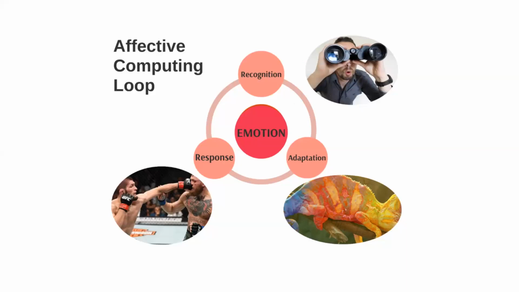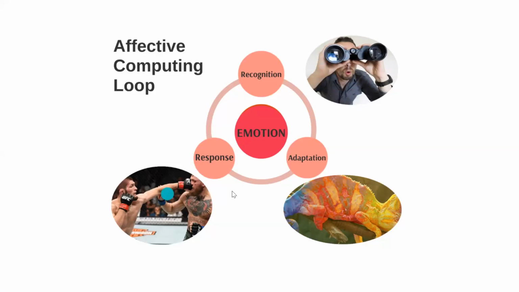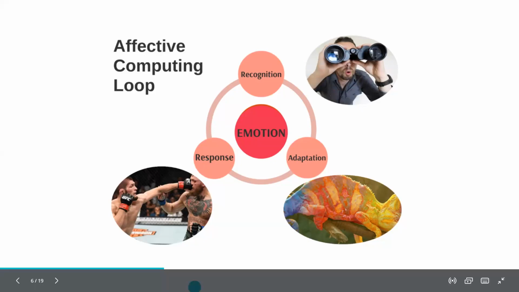So we use sensors or certain input systems to recognize this expression. And then we use certain algorithms to adapt to this. And once this emotion is understood and recognized, the system would try to respond with appropriate emotion. So that actually completes the whole loop.